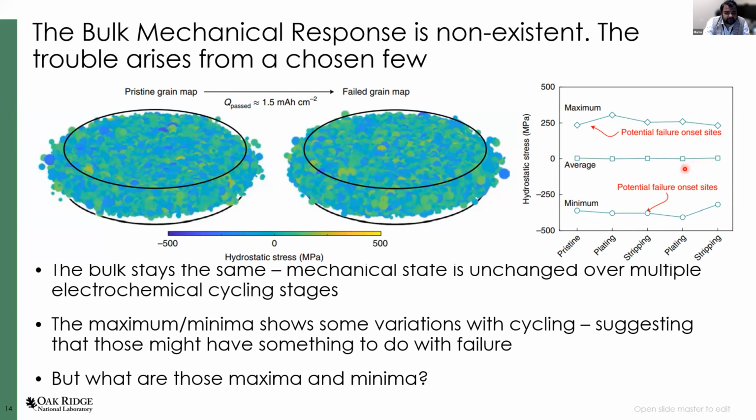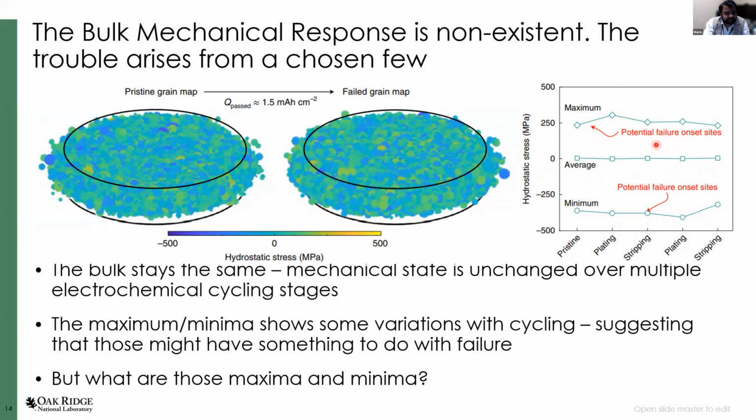For this space group, we found around 30,000 grains within a pellet, and on average, that hydrostatic stress was basically zero. That to us was very surprising. What was also interesting was that the maxima and minima showed some deviations, some fluctuations.